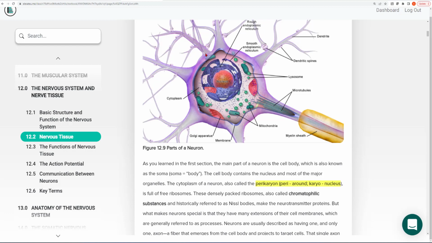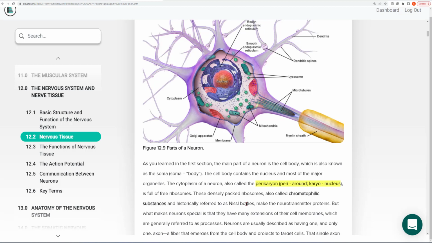So basically, everything around and outside of the nucleus is referred to as the perikaryon. Again, fancy word for the cytoplasm of the neuron. You also see packed all these ribosomes in here. And those ribosomes collectively are referred to as the chromatophilic substances. Okay, and they were also historically referred to as Nissl bodies.